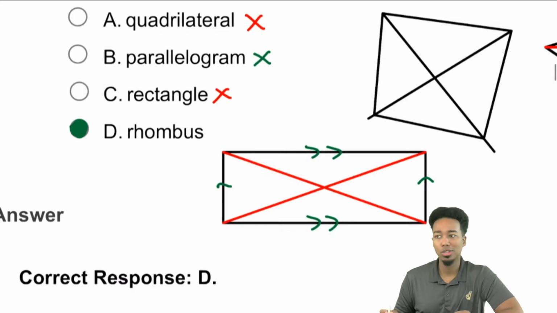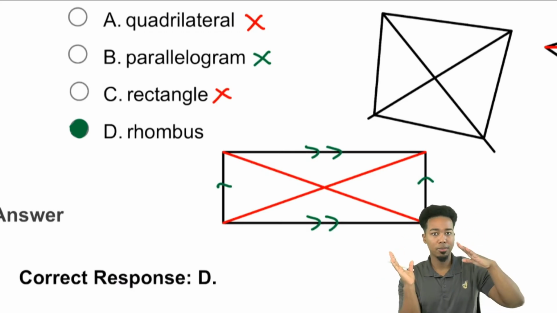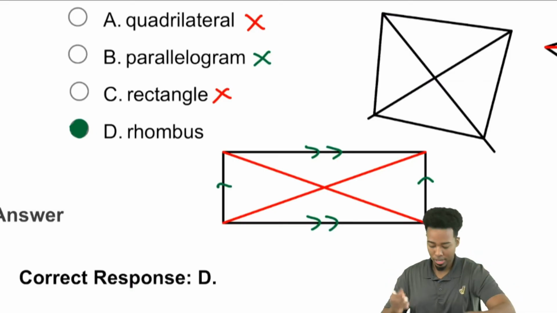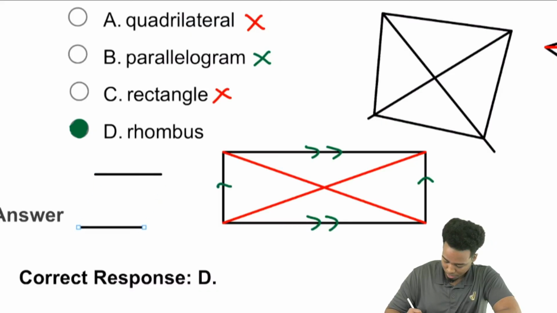A rhombus is literally like a square, except they're not straight up and sideways. You can have the parallelogram figure. So here would be a parallelogram. Let me copy this, copy that there. Then I can duplicate it here.